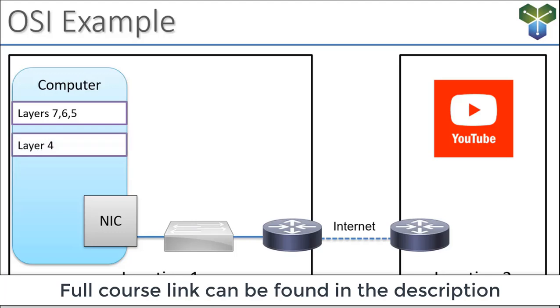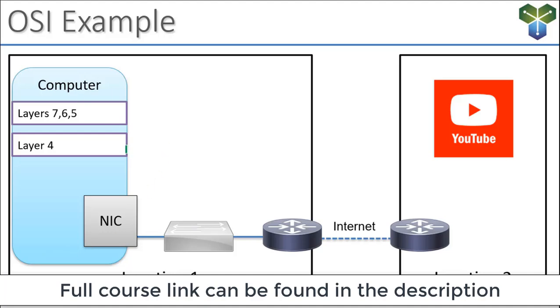Layer 4 is going to be the transport layer. In this case, we're using a web browser. A web browser communicates using HTTP. That's the layer 4 protocol. Basically, layer 4 is going to control things like how the two systems communicate.